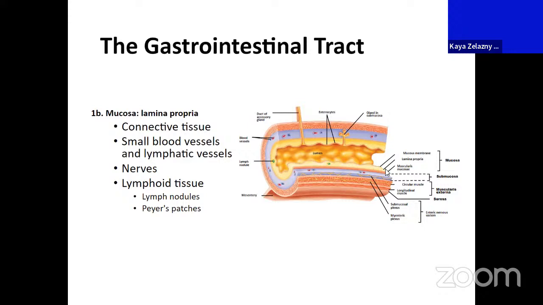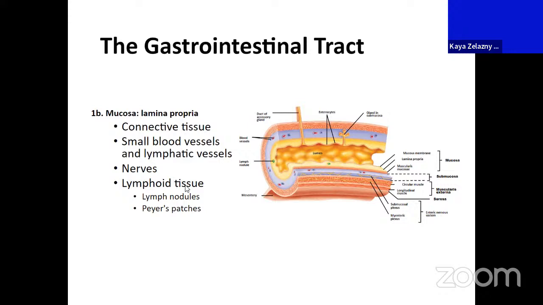We also have some nerves here, and we have some extra dense pieces of lymph tissue here too. So we don't just have lymphatic vessels. We really mean little vessels, except they're lymph, not part of your arteries and veins, not part of the vasculature. But we also have these condensed pieces of lymphoid tissue.